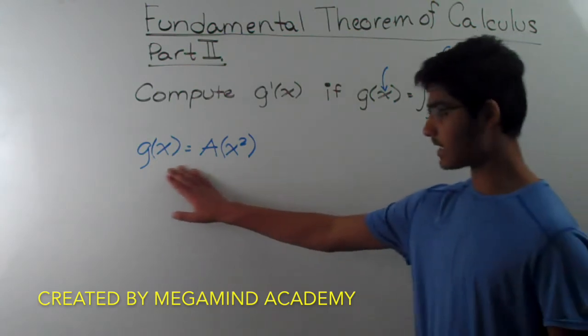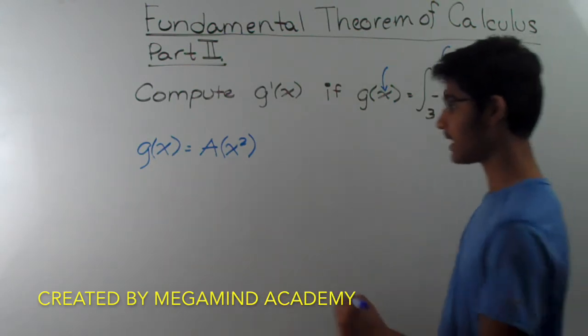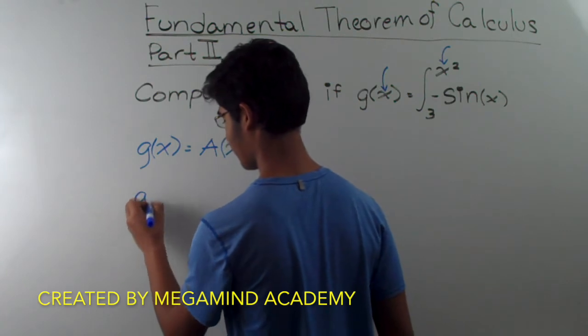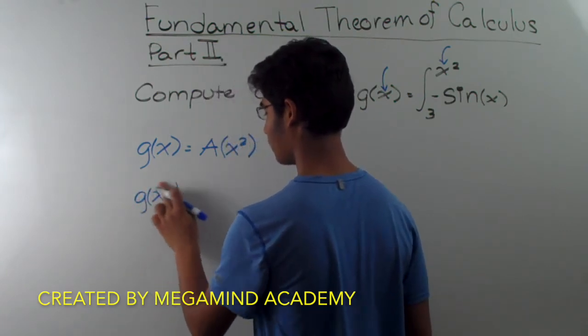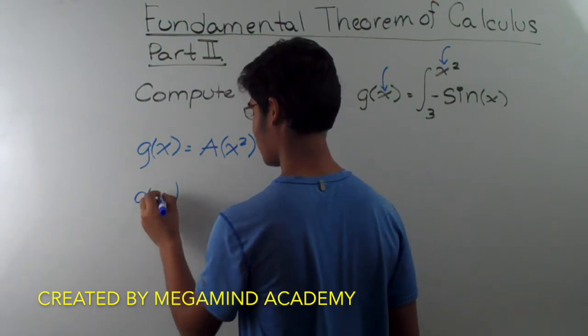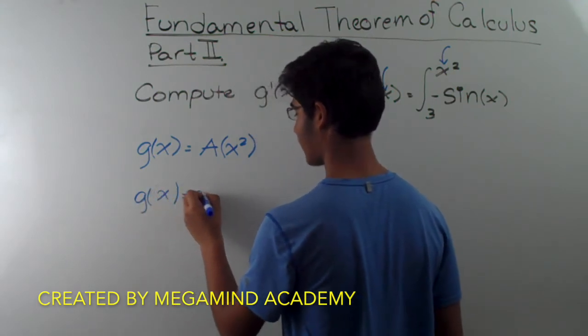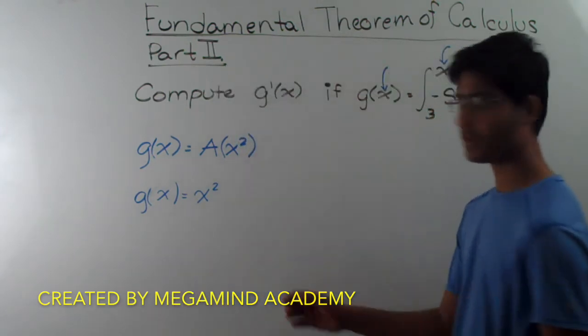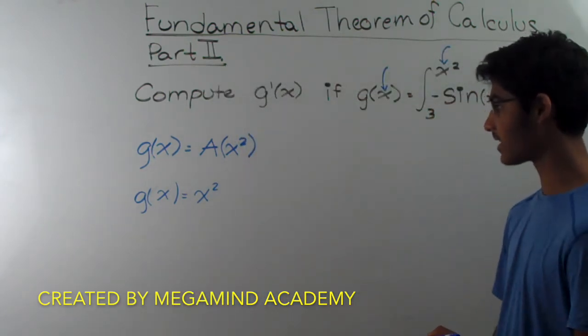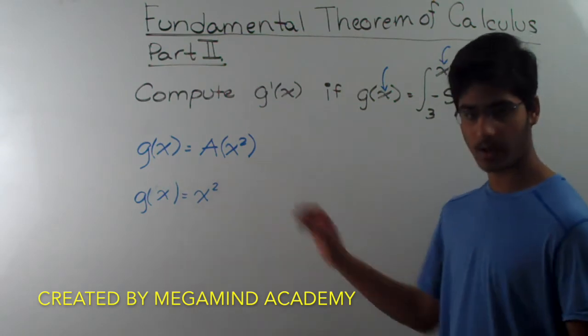So let's just look at an example of how this could be. Let's say we had the function g of x is equal to x squared, and let's say we wanted to write this as a of x squared.